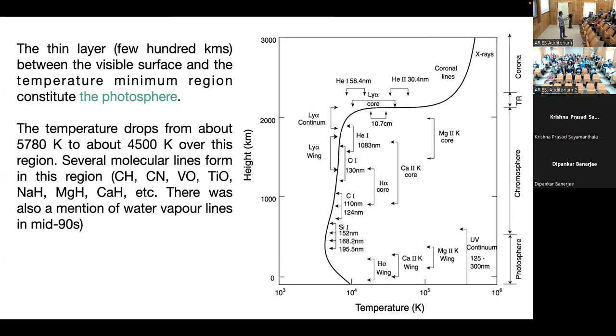Within the sunspot umbra, the temperatures are going to go even lower. If you go to the temperature minimum region within the sunspot umbra, the temperatures are going to go even lower. Those are the ideal places when you encounter a strong magnetic field. If you see the temperature minimum region above the sunspot, those are ideal places for such lines to be formed. And indeed, they observed these water vapor lines there, and then they said there is water on the sun.